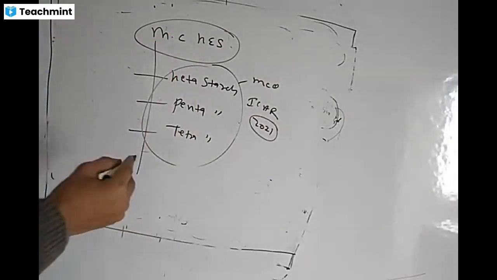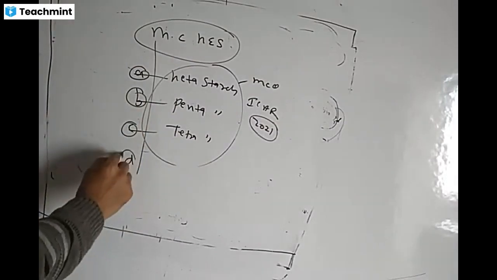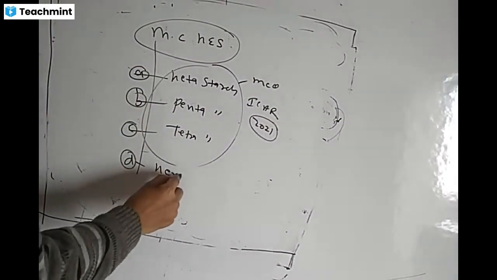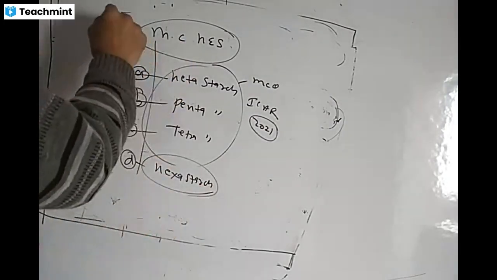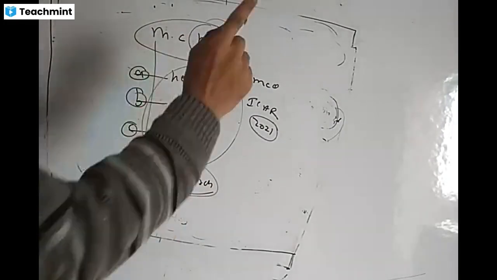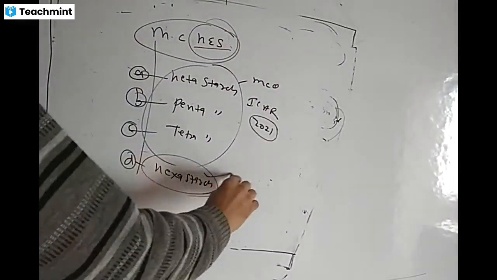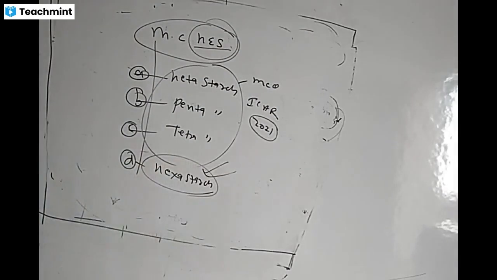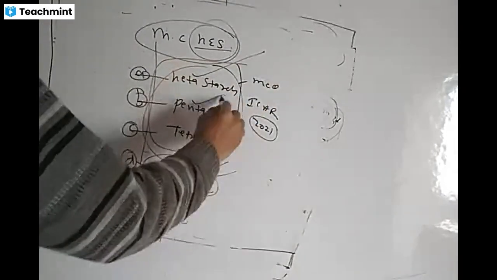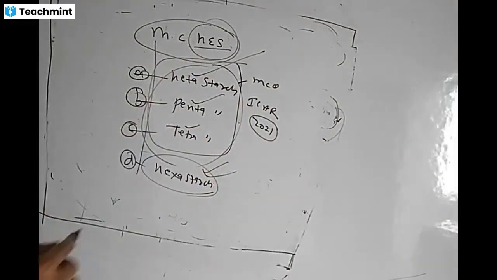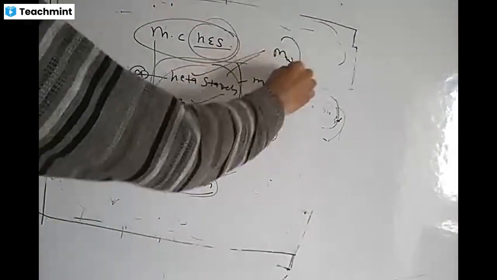The question was, which of the following hydroxyethyl starches is not used in veterinary practice? Option D was hexastarch. The answer is hexastarch. So these three are commonly used: hetastarch, penta, or tetra. These molecules differ by their molecular weight.